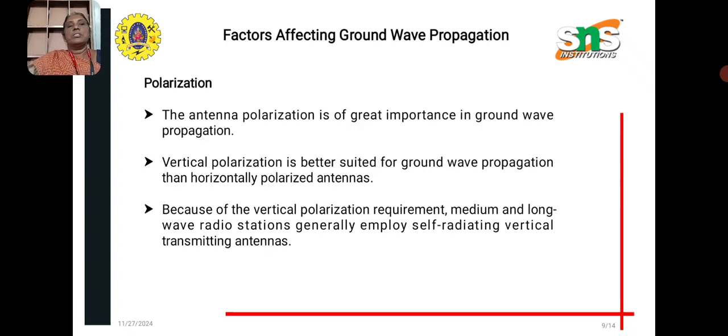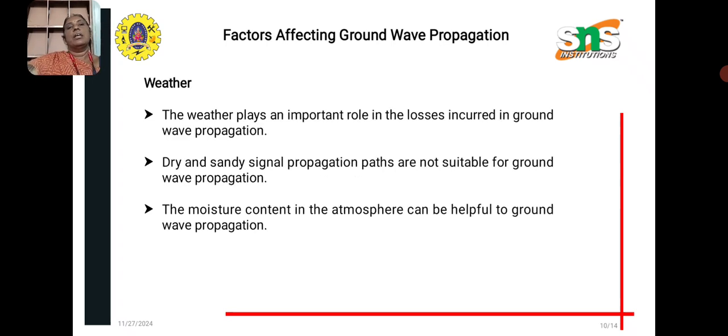Polarization is another factor affecting ground wave propagation. The antenna polarization is of great importance in ground wave propagation. Vertical polarization is better suited for ground wave propagation than horizontally polarized waves. Because of the vertical polarization requirement, medium and long wave radio stations generally employ self-radiating vertical transmission antennas.